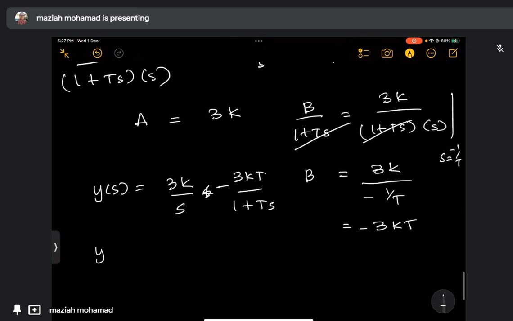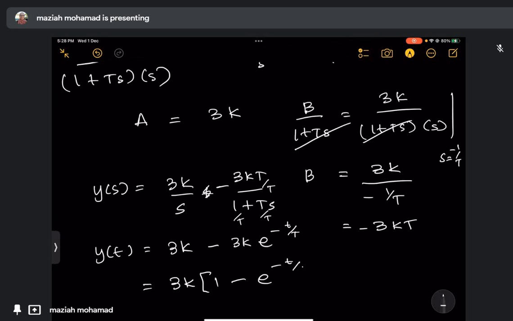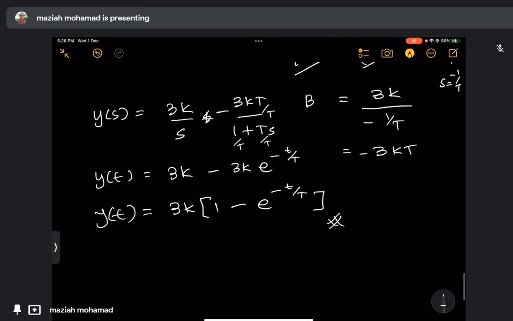Okay, so kalau kita inverse, y(t) is equal to 3K minus 3K exponent negatif t per T lah tu, sebab kita kena inverse S plus 1 over T, divide by T. Okay, so negative t per T. Okay, so 3K times 1 minus exponent negative t per T. Okay, so this is the time response for the system when the input is 3.